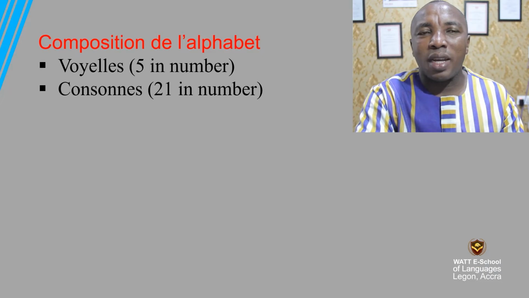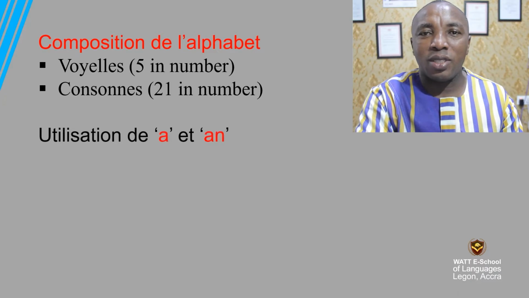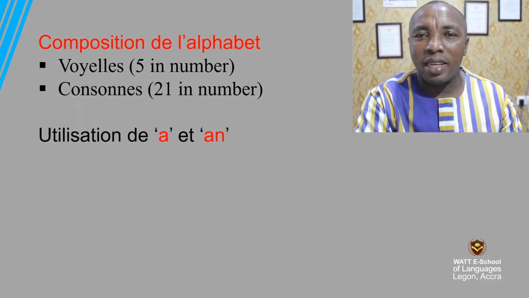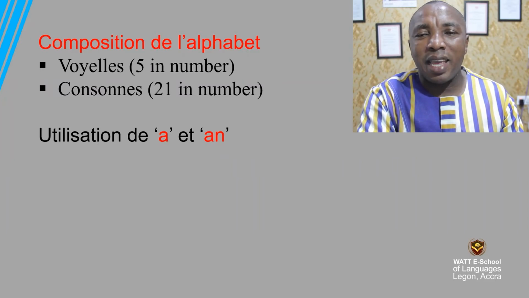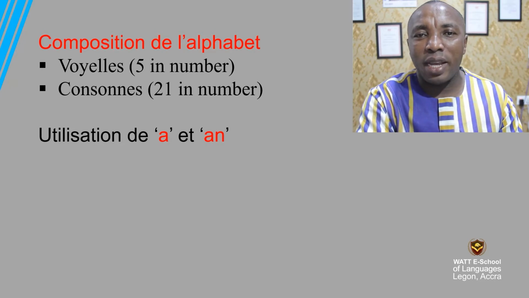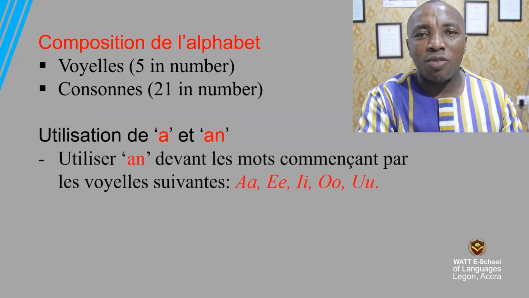Now let's look at the usage of the an and the a. You should know that the article an is used in front of words that begin with any of these 5 vowels: a, e, i, o, u.